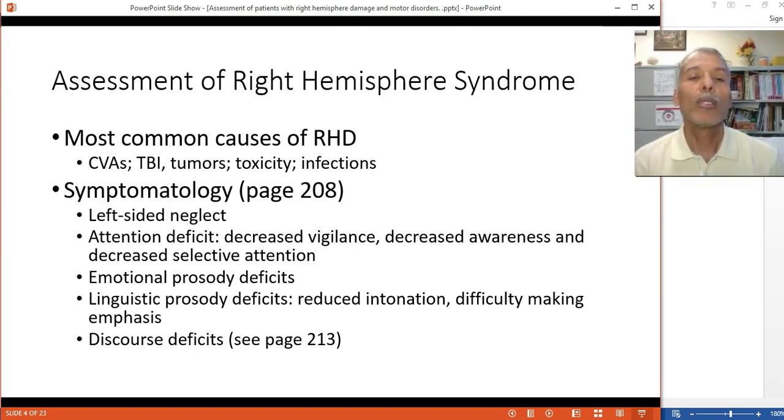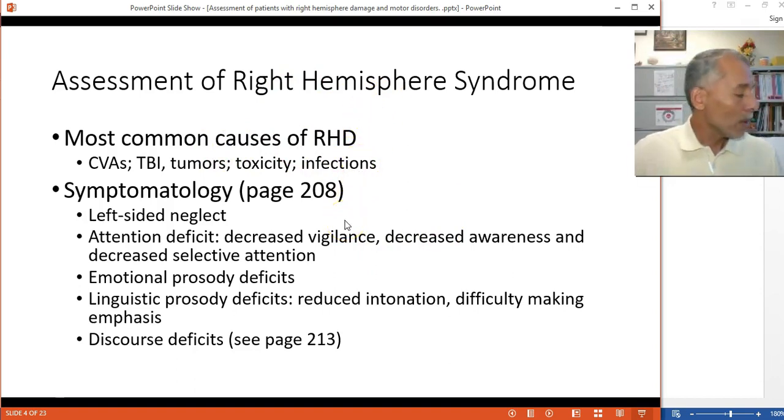A tumor usually also has inflammatory processes surrounding it, which complicate problems. And then neurotoxicity. Also certain kinds of infections could cause problems in the right hemisphere.